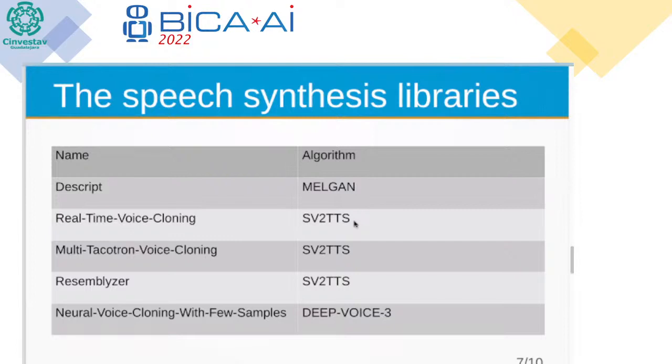Therefore, in this work, the existing open voice cloning libraries were analyzed, and the 5 most effective ones that have open source code were selected. The table shows the selected libraries which we have used.